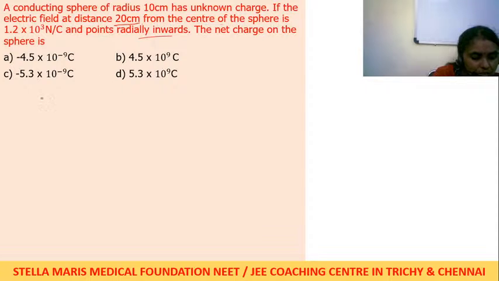Okay, so options also they have given. The R value they have given us is 10 centimeter.